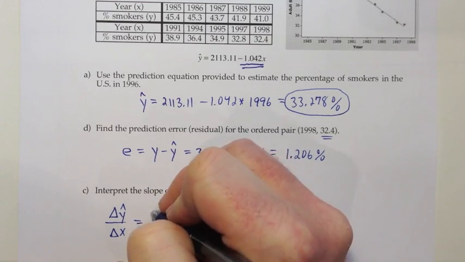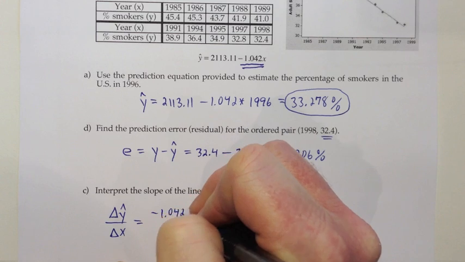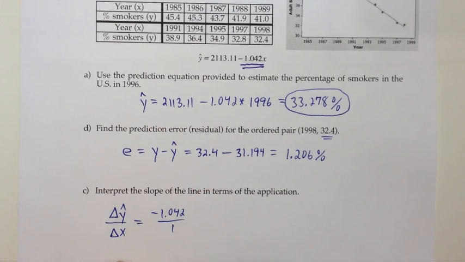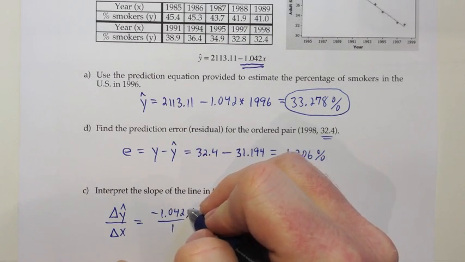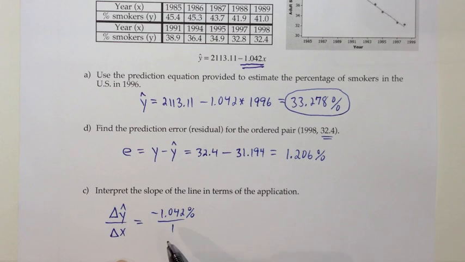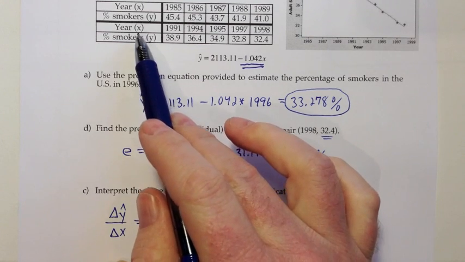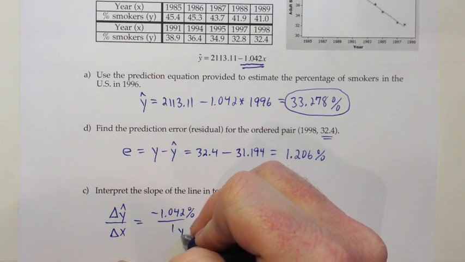That would be negative 1.042, and I would make that a fraction by putting it over 1. And then I'd want to write units on that. So the top was change in y hat, which was an output, and the output was percentage of smokers, so I'll just put percent on there as a reminder for me. And the denominator of 1 was the change in x, and x was our input, which was the years, so I'll put that on there.